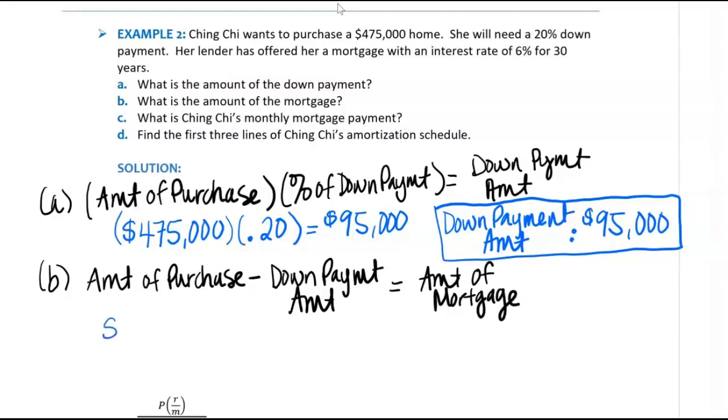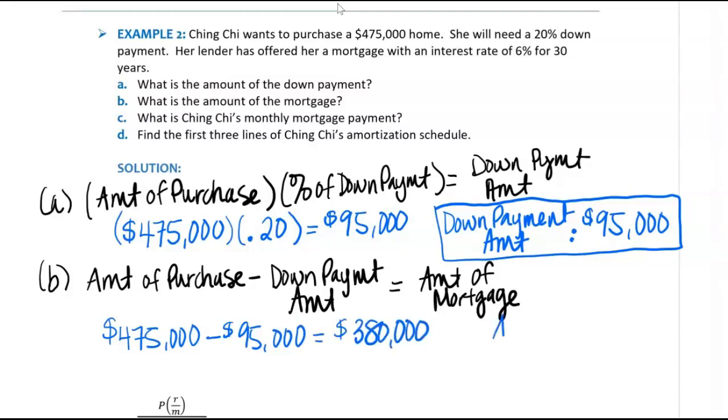So the amount of purchase is $475,000 subtracted by the down payment amount, which is $95,000, which equals an amount of mortgage of $380,000. So the amount of mortgage is $380,000.